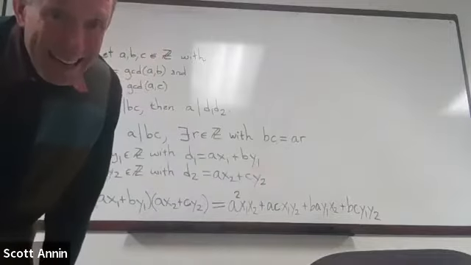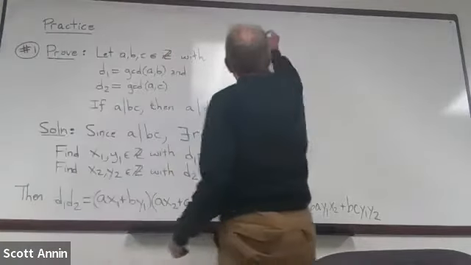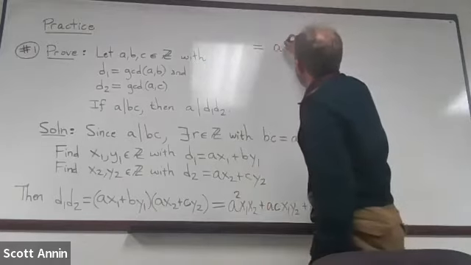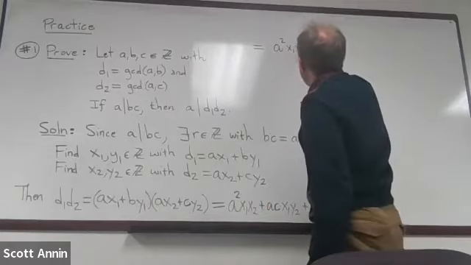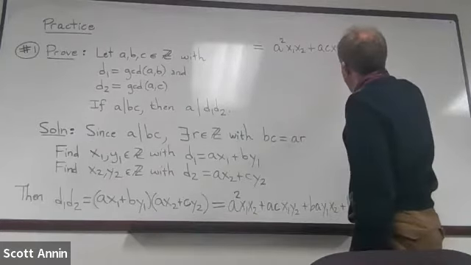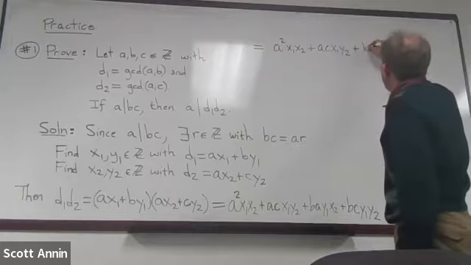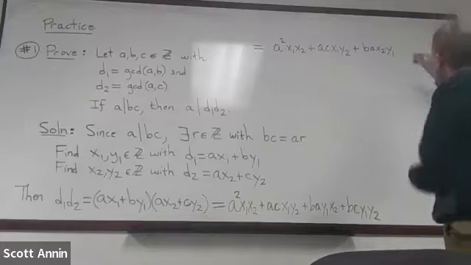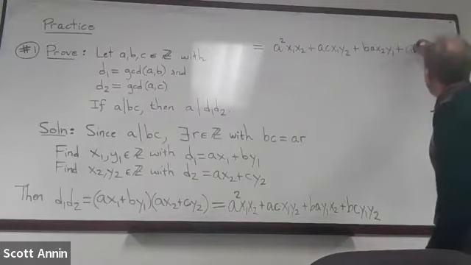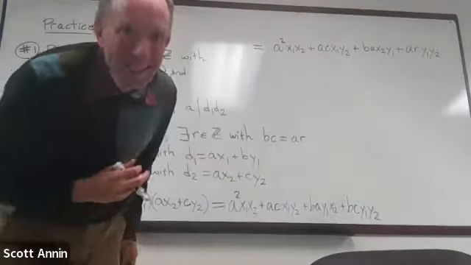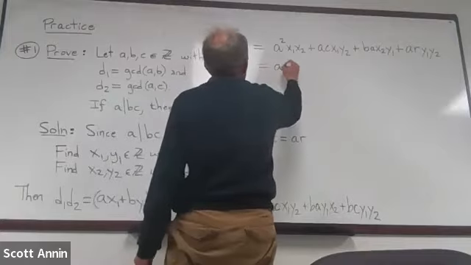BC is actually A times R. So this is simply going to be A squared X1 X2 plus AC X1 Y2 plus BA X2 Y1. And then, as I said, BC can be replaced by AR Y1 Y2. And now all four terms have factors of A in them.